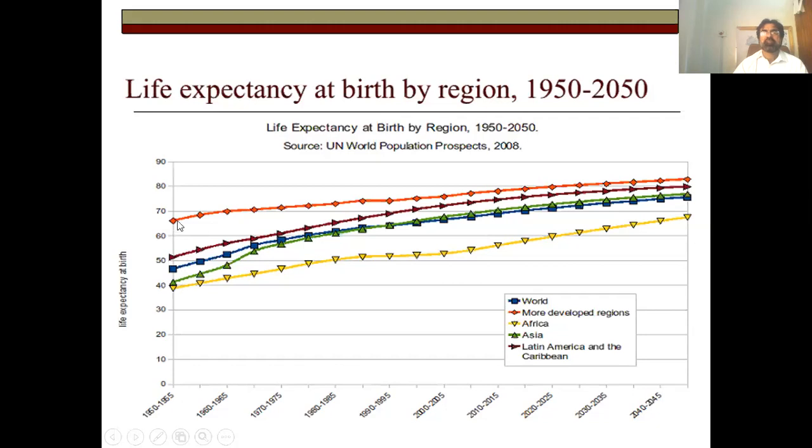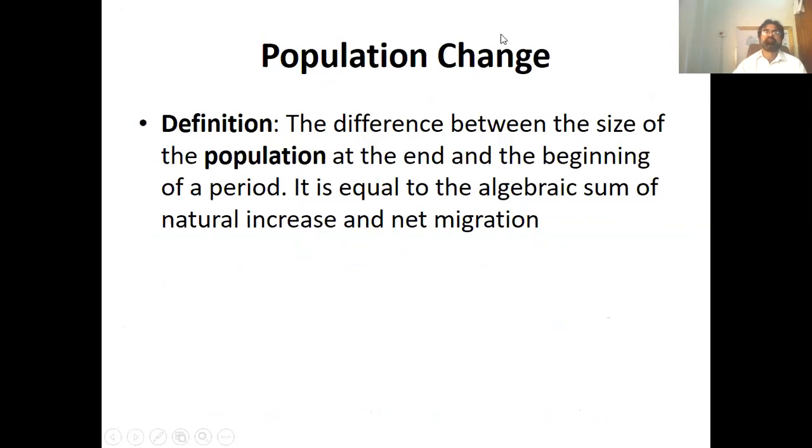So the developed countries have a life expectancy of more than 80 years, followed by the Latin American countries, then the Asian countries, and last, Africa. They have less life expectancy as compared to other regions of the world.